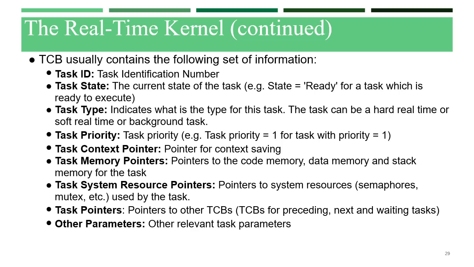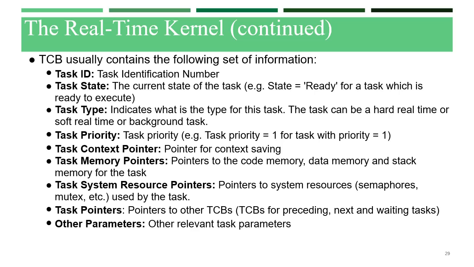Next is task priority. Task priority gives the priority of the task. Like if the priority is 1, it means that task has the highest priority. Next is the task context pointer, which is used for saving the context. Next are task memory pointers to the code memory, data memory, and stack memory of the task.